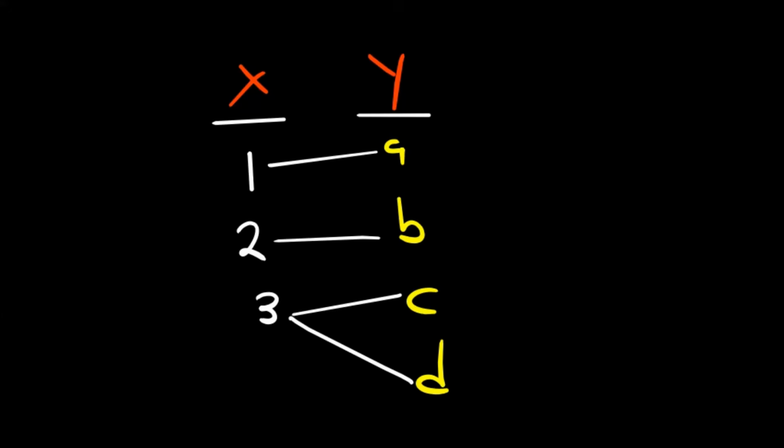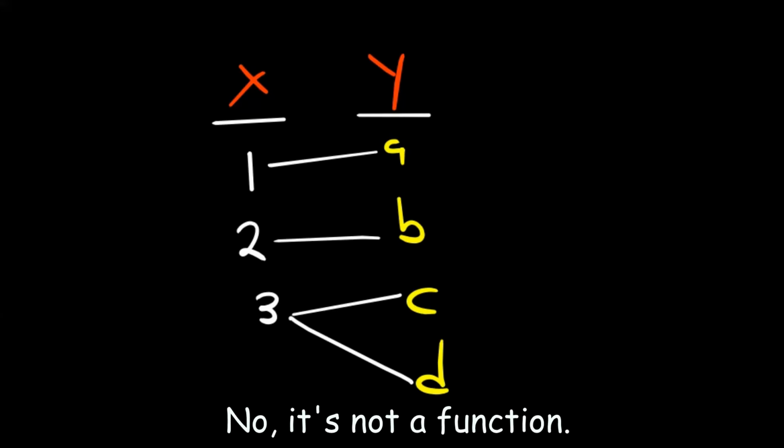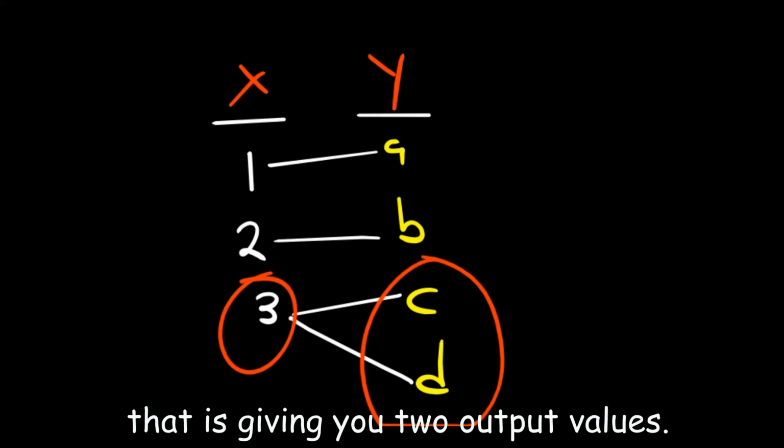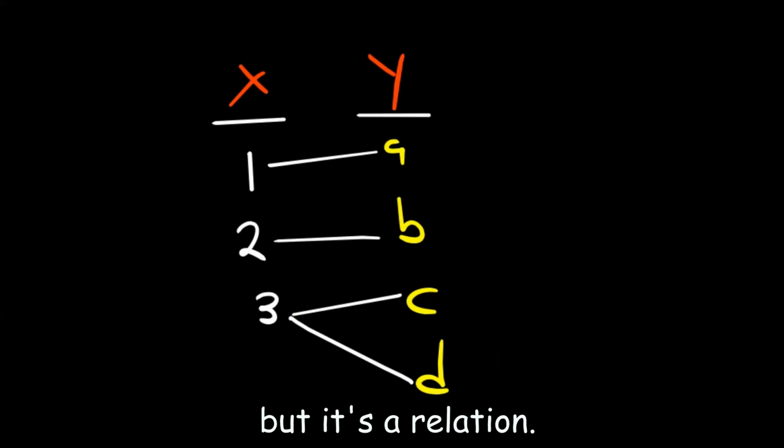So, is this going to be a function? No, it's not a function. Like we've said, you can't have one x value that is giving you two output values. So this is not a function, but it is a relation. That is very important too. It's just a relation.